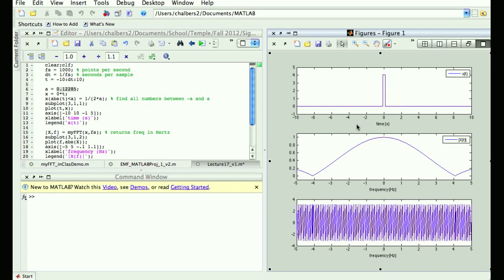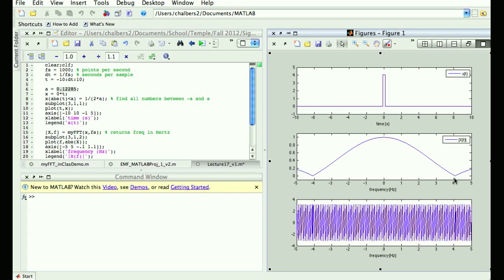If I keep making this skinnier and skinnier, this keeps getting wider and wider. And in the limit that A goes to 0, what do you think is going to happen to this one? Energy at every frequency. We said our first zero crossing is at pi over A. Now there's literally energy at every frequency.